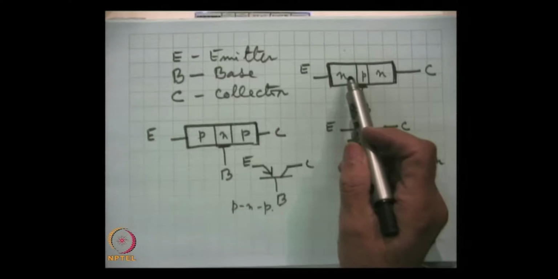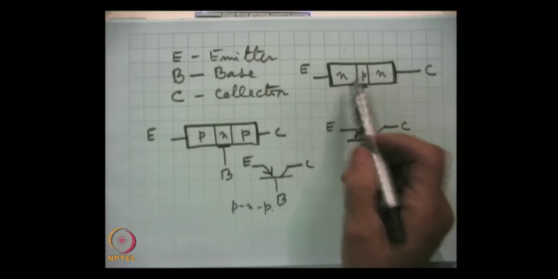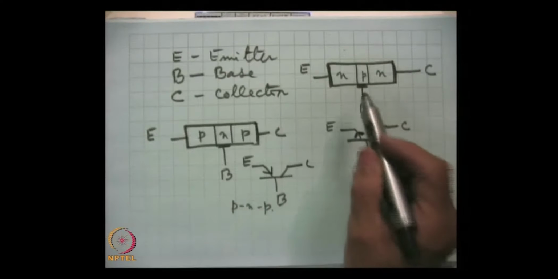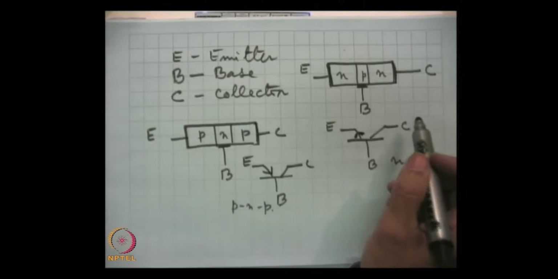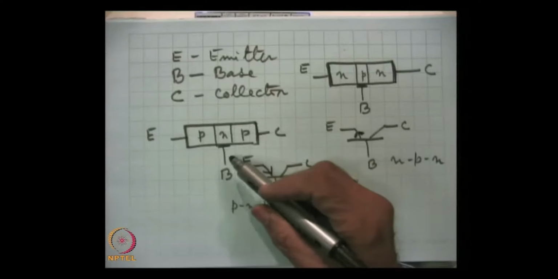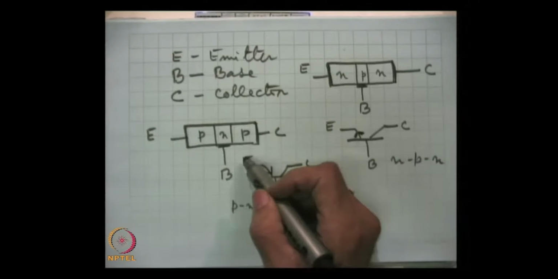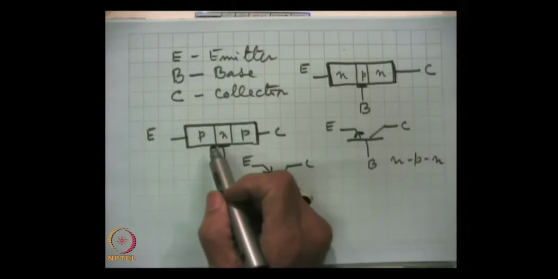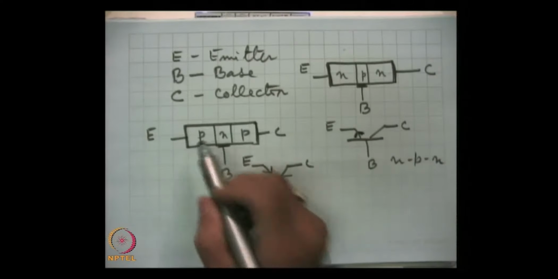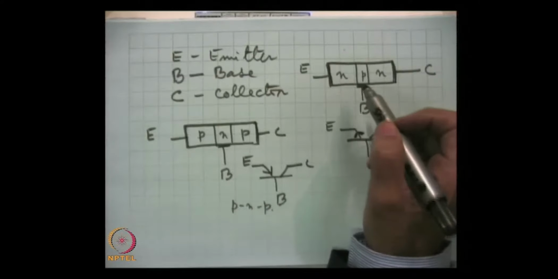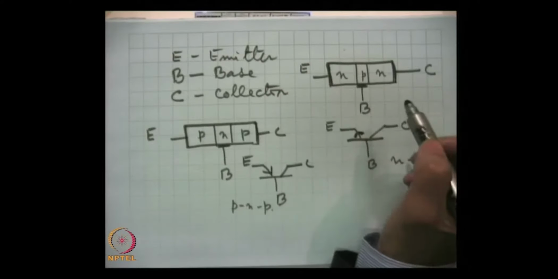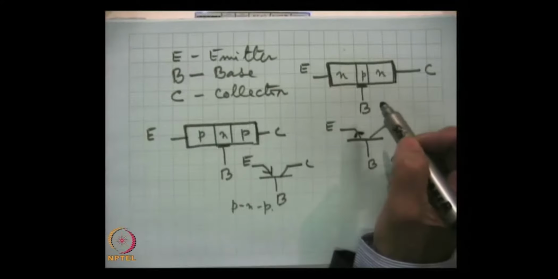Electrons have higher mobility, so an NPN transistor will work up to a higher frequency as compared to PNP transistors. In PNP the major contributions will come from holes, while here they are from electrons, electrons being of higher mobility. So, NPN transistors can function up to higher frequency of operation.